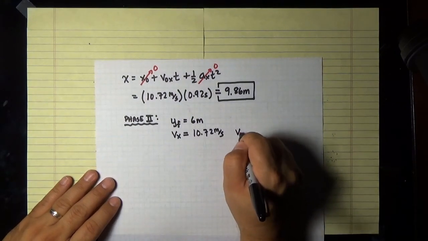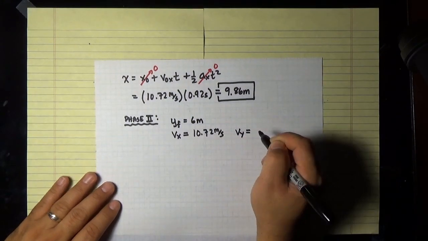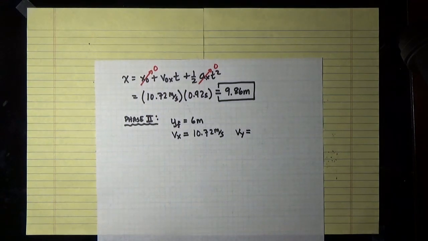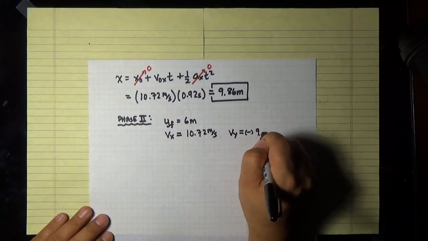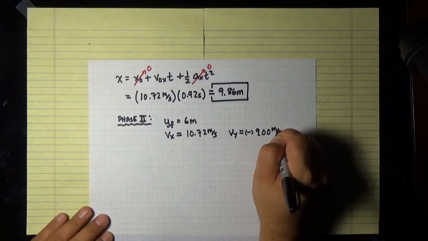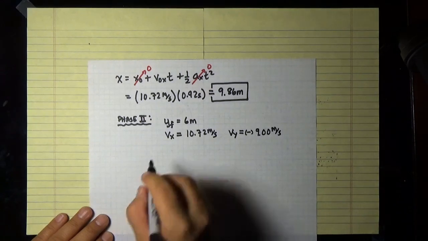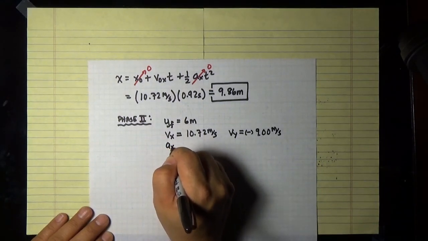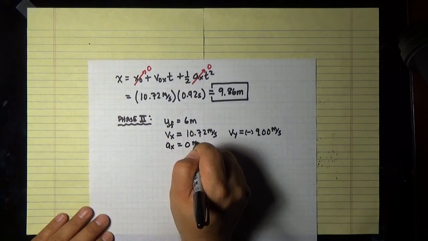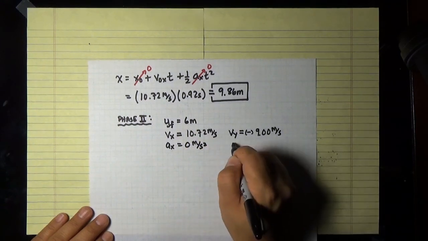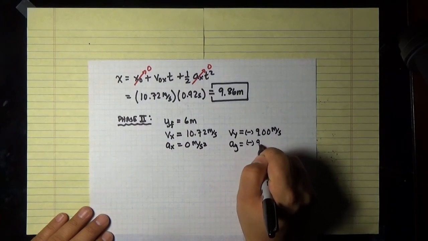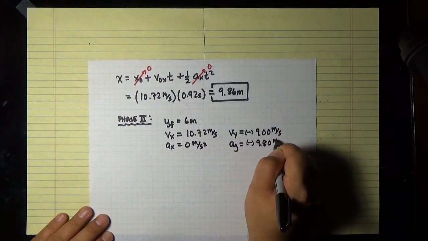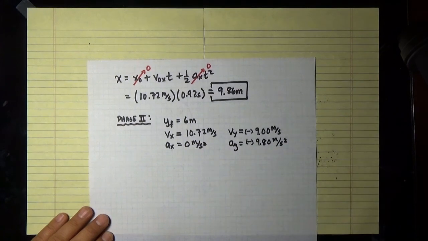I know that my final y speed is identical in magnitude to my initial y speed, but is pointing in the negative direction. So in this case, it is minus 9.00 meters per second. I still know that ax is 0 meters per second squared. I know that ay is still the acceleration due to gravity, which is minus 9.80 meters per second squared.